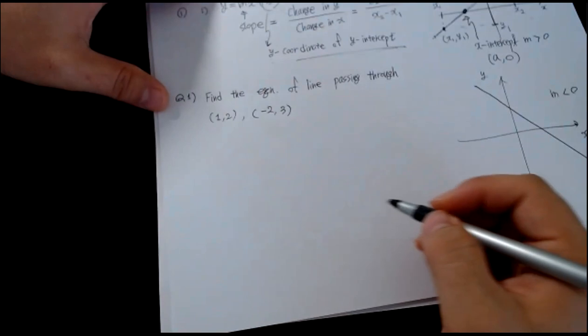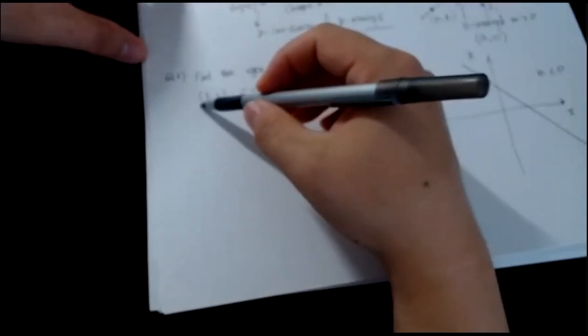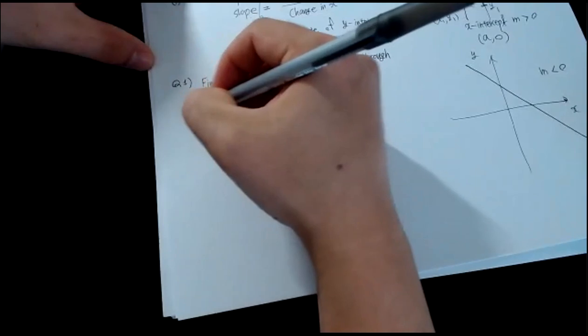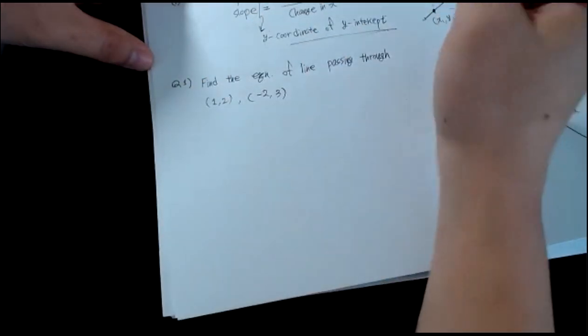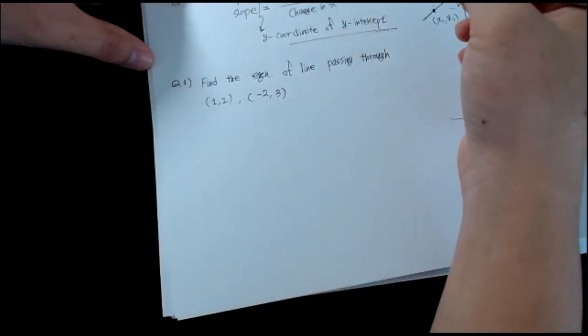All right. Sometimes, as I told you, the problem gives you the slope and 1 point. That's good because we don't have to find the slope, right? But in this case, 2 points are given. Then we have to find the slope and we have to find b, the y coordinate of the y-intercept.